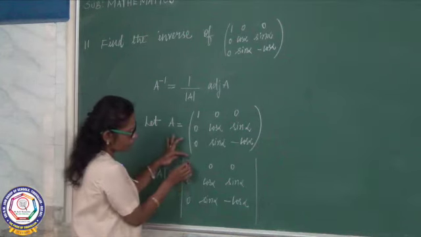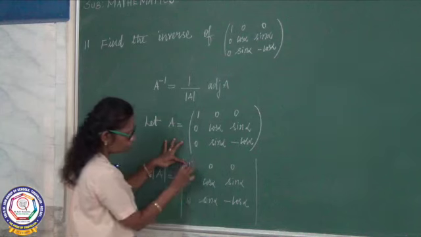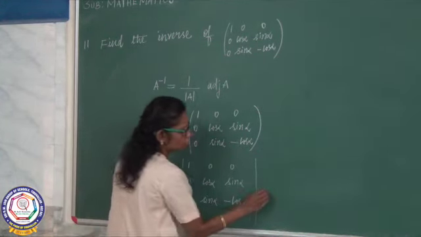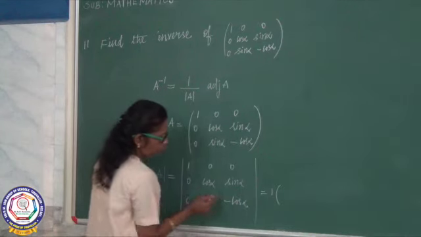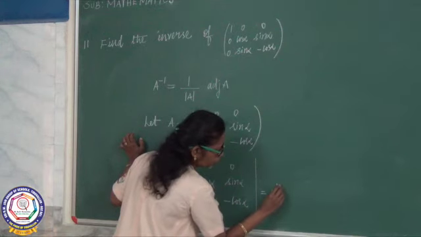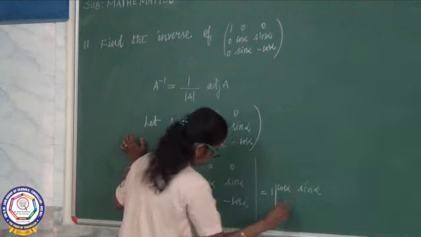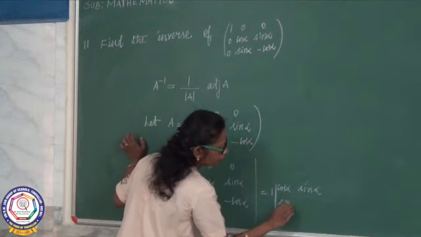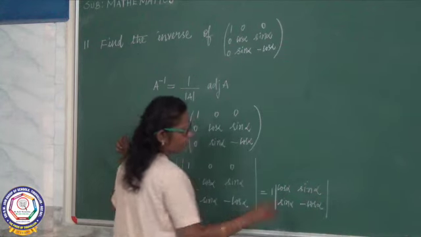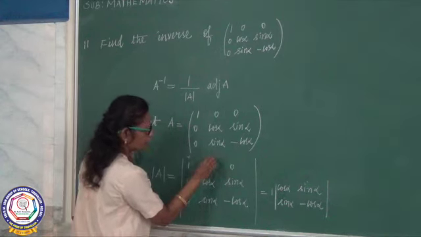Take the first entry 1. If you select this, you have to delete that row and that column, and you arrive at a 2 by 2 determinant. So, 1 into the determinant cos alpha, sin alpha, sin alpha, minus cos alpha. The first entry is positive, next is negative.